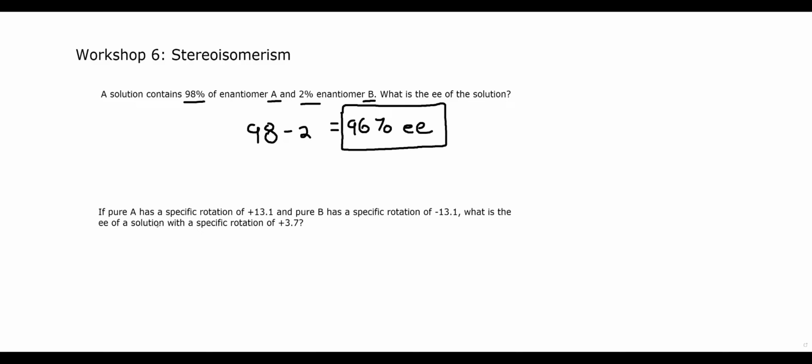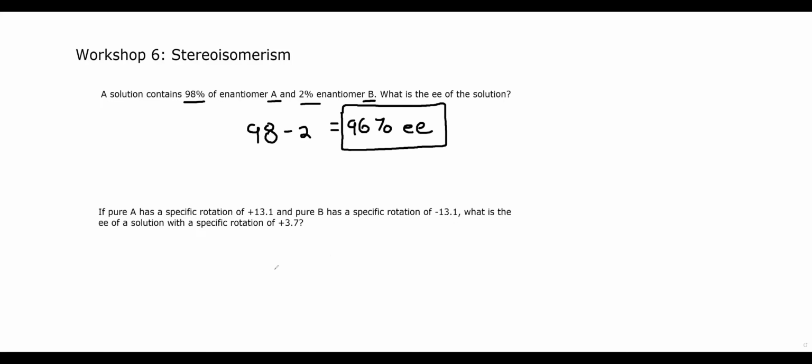Now for the second problem, if we have a solution and we're given that pure A has a specific rotation of positive 13.1, and pure B has a specific rotation of negative 13.1, what is the EE of a solution with a specific rotation of plus 3.7?